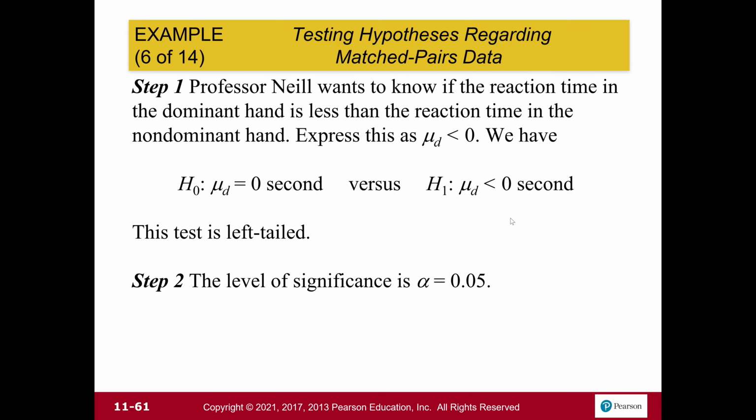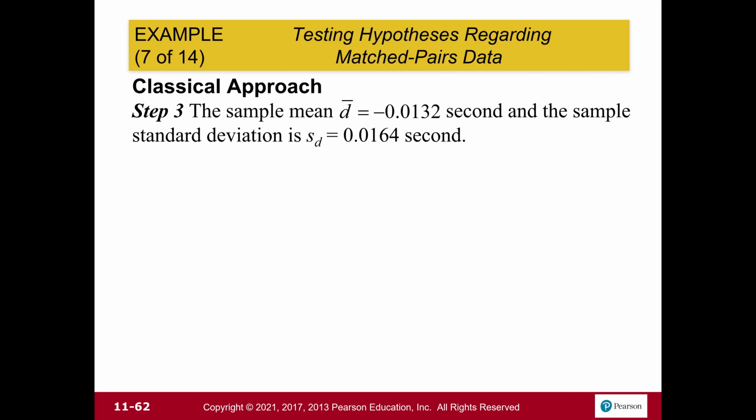And now we're going to conduct the hypothesis test. We're going to first state our hypothesis, that is the null and the alternative. We're going to calculate the test statistic next.